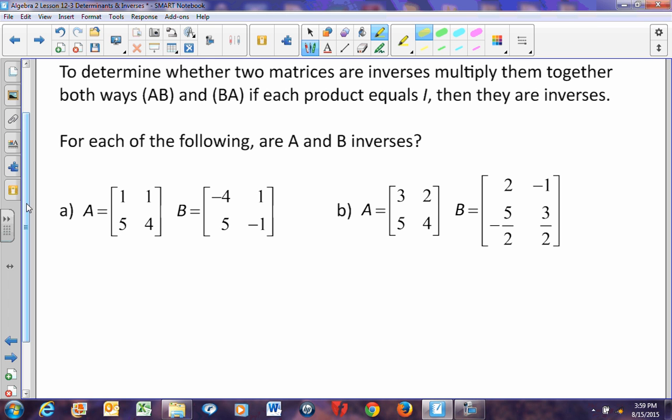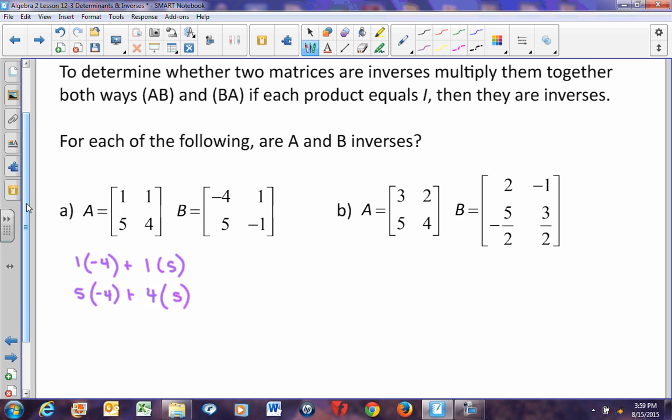So the first thing we have to do is A times B. I'm going to do A times B the hard way. 1 times negative 4 plus 1 times 5, and then 5 times negative 4, and then plus 4 times 5.